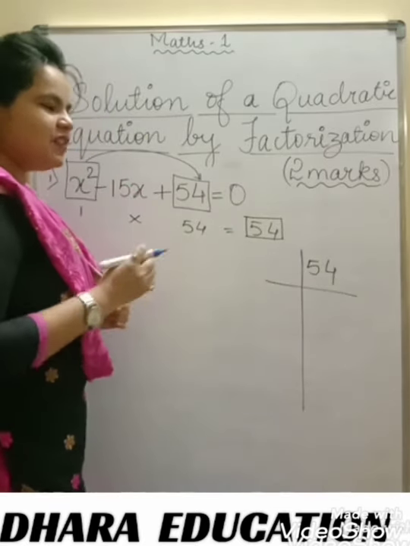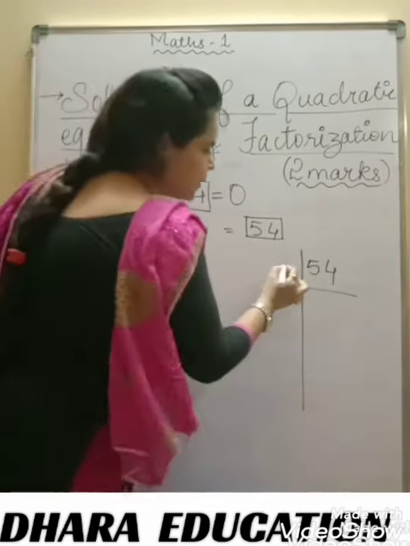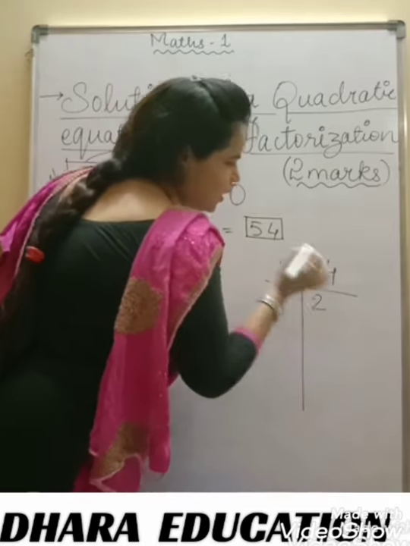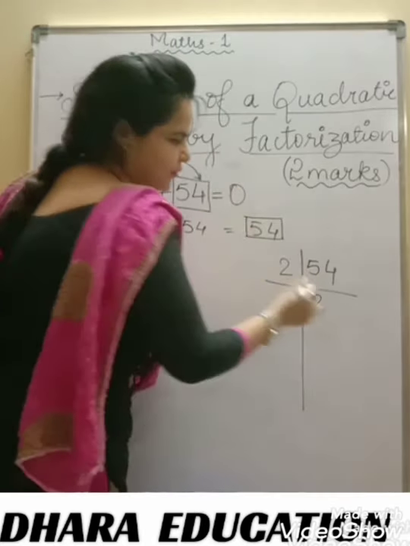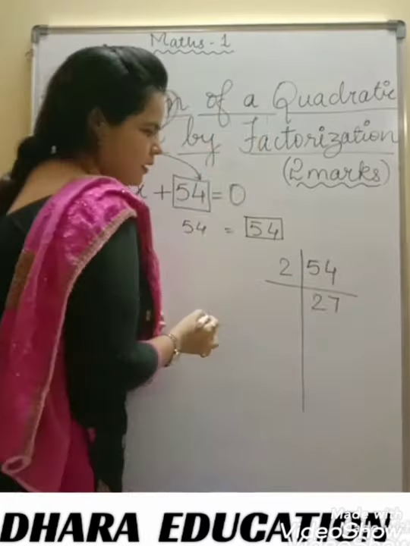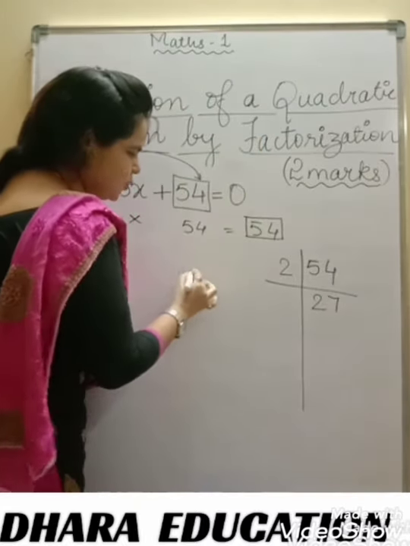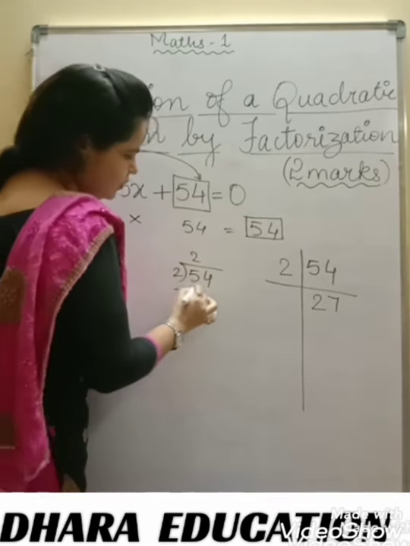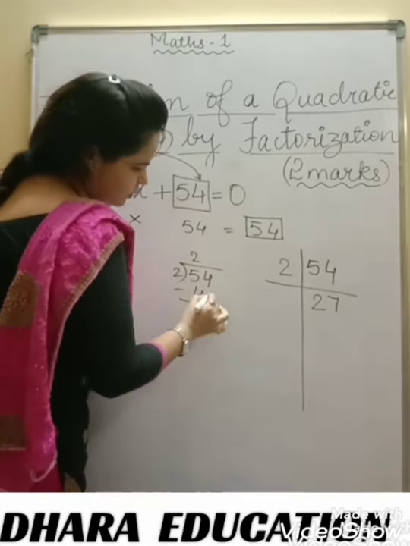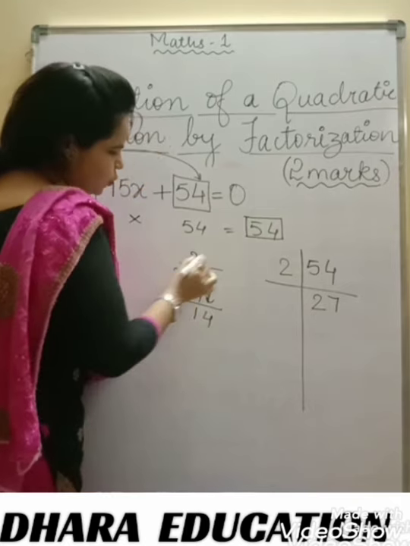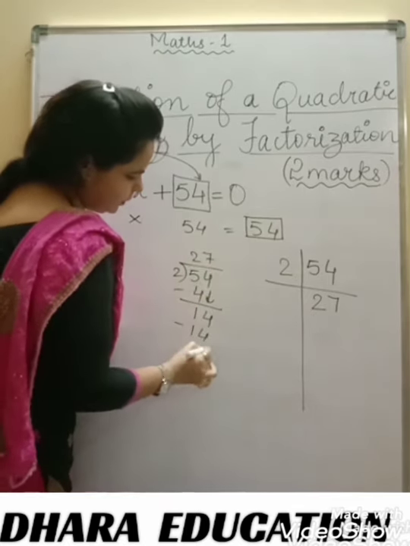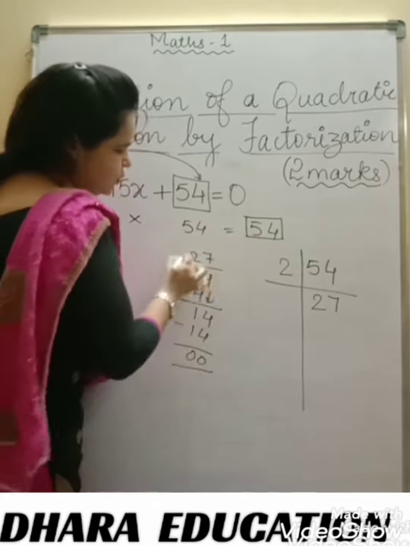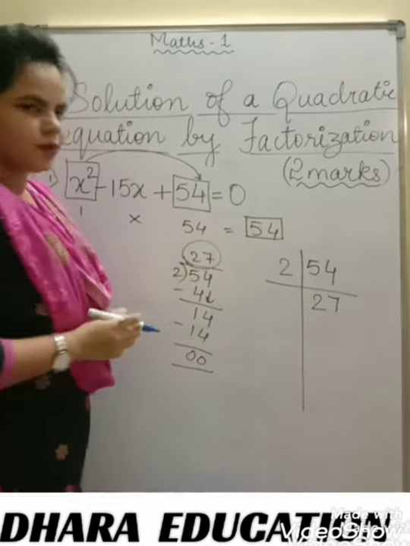It means that we can take 2. So 2 2s are 4, and 1 1 7. If you don't understand this, you can divide this by 2. 2 2s are 4, 1, this 4 will come down, 2 7s are 14. So the answer is 27, which I have written already.